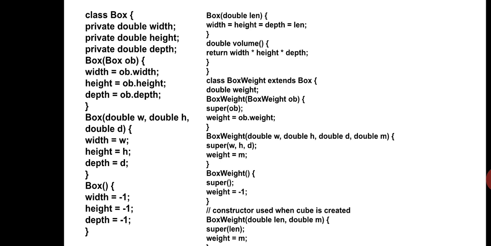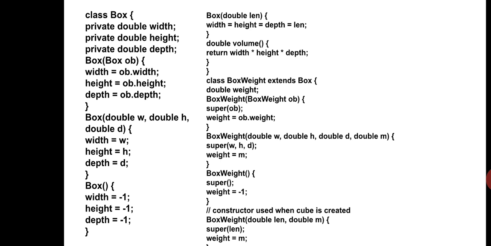There are 4 constructors inside class Box. Now how can you access Box of double len? This constructor will take one parameter, so width, height and depth will be assigned the same value, which is the length.